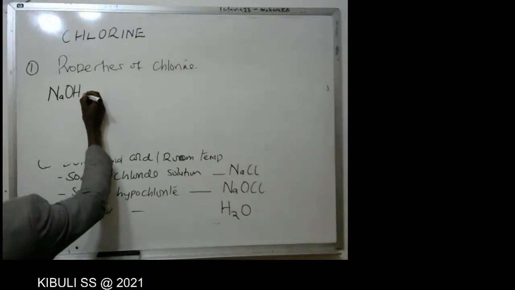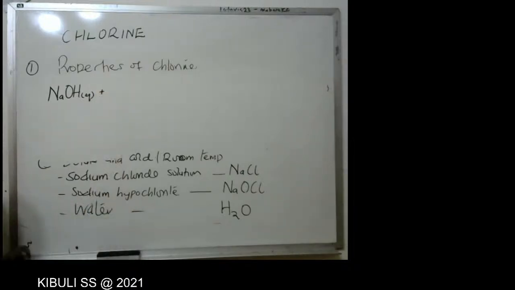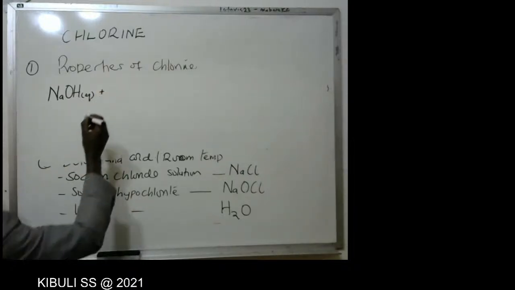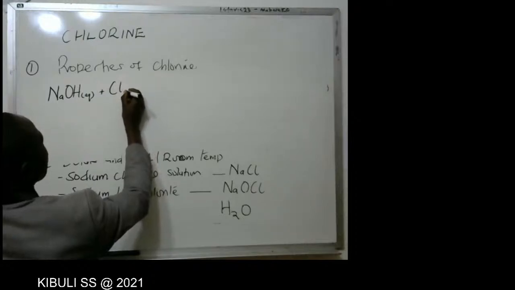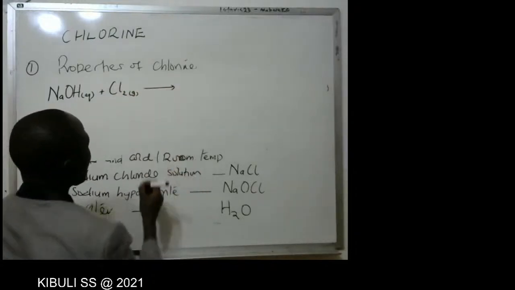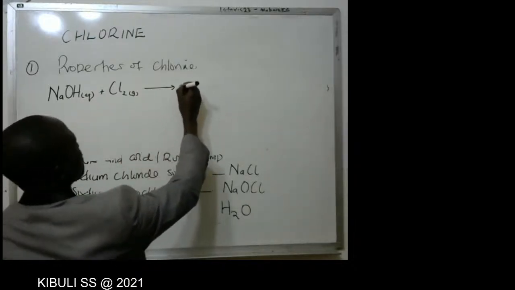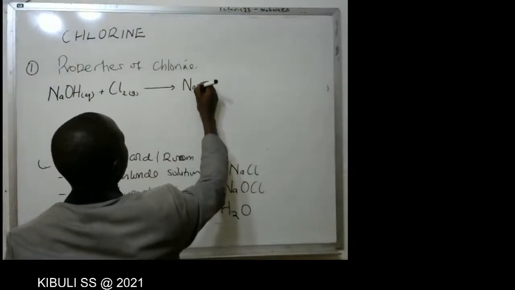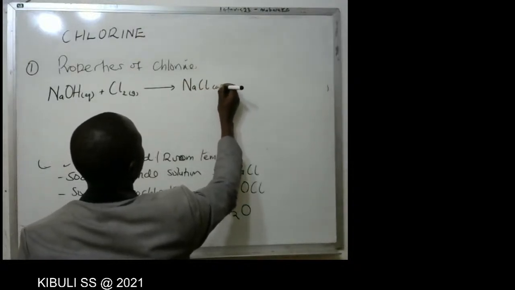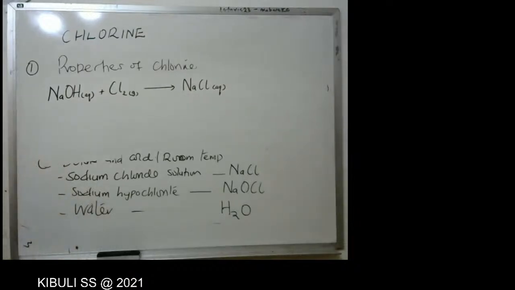So what's the physical state? We agree it is what? Aqueous. Plus chlorine, the symbol is Cl2 and it is a gas. What does it give us? We have already seen the sodium chloride. So sodium chloride is NaCl and it is aqueous. What else is given?